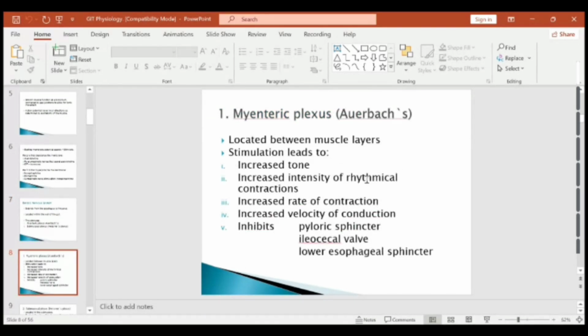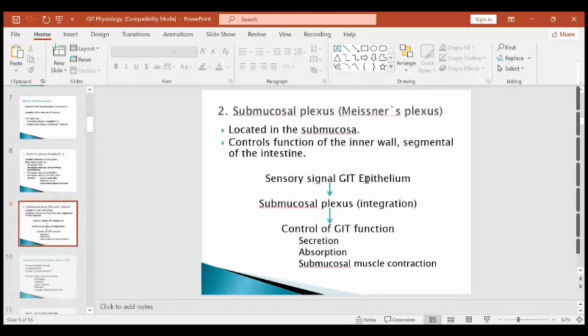The myenteric one is located between the muscle layers, and once we have a stimulation of it, it's almost the same as stimulating the parasympathetic nervous system. The aim is to increase the process of digestion, by increasing the tone, the rhythm and intensity of contraction, and the velocity, and by relaxing the sphincters.